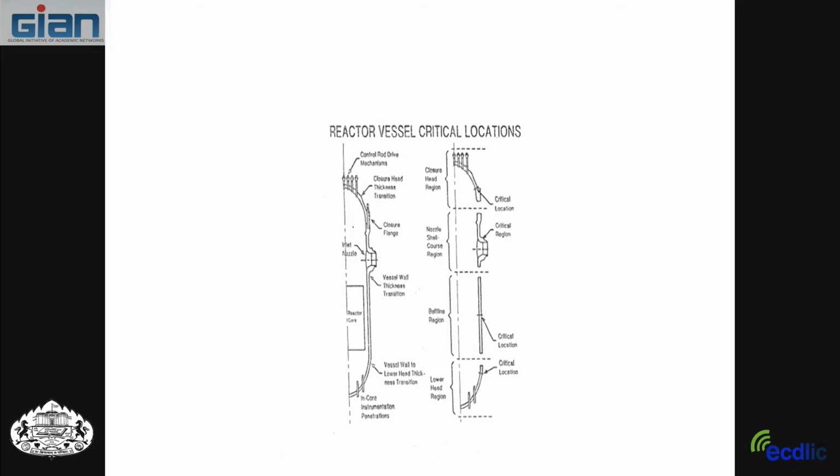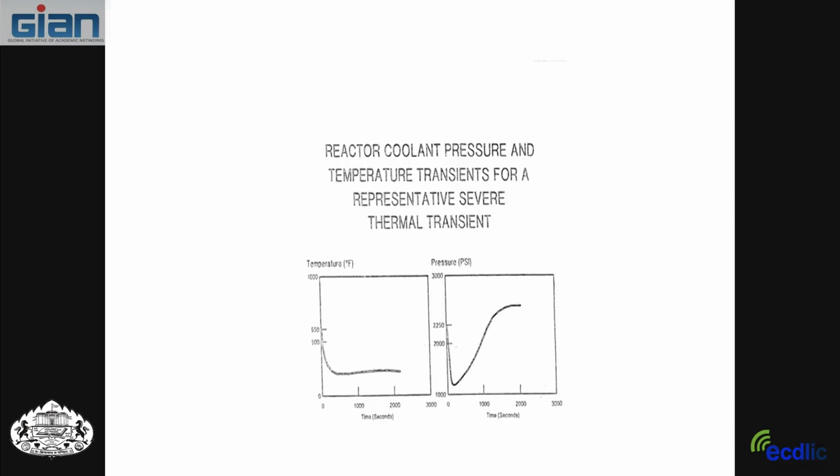So here's a vessel, and here is the core region where the reaction takes place, and here's a critical area where you would get meltdown. Now this looks pretty small, but it can be 200 to 300 millimeters, so it can be fairly thick. When they get the initial loss of coolant and hit it with the water, the temperature comes down like that.